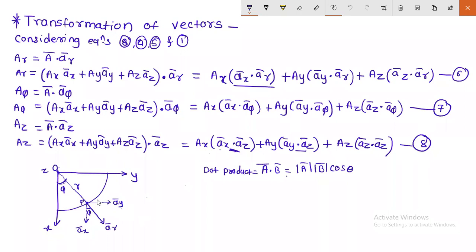Means the vector in the direction of y is nothing but a bar y. The unit vector in the direction of x is a bar x, and similarly the unit vector in the direction of this radius r of the cylinder is a bar r. And we know the angle between this x-axis and r is equal to phi. Therefore, the angle between a bar x and a bar r is also phi.